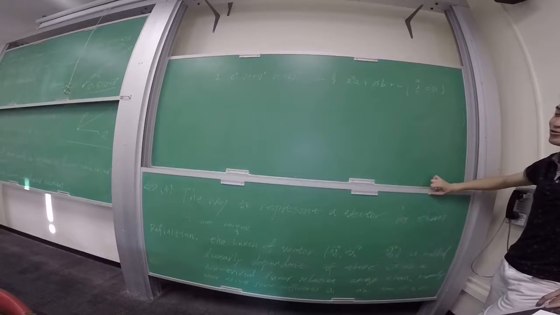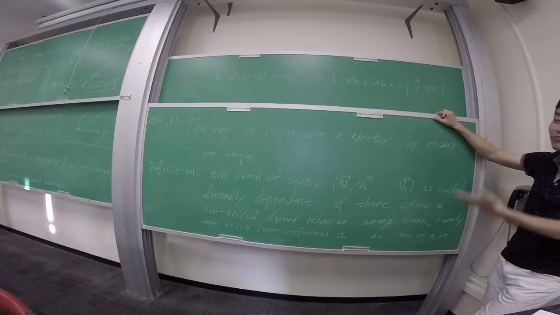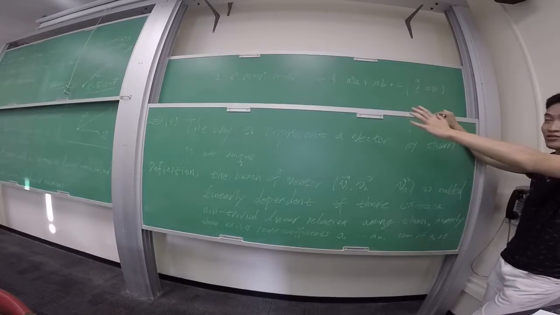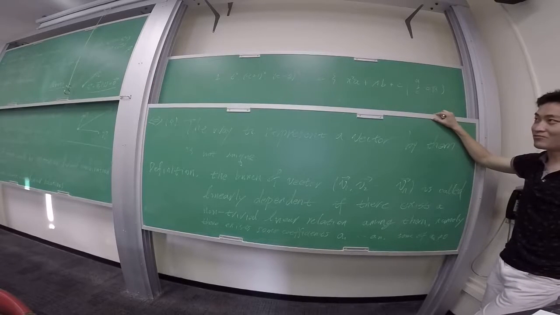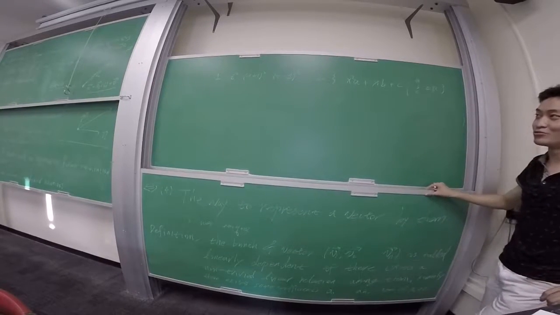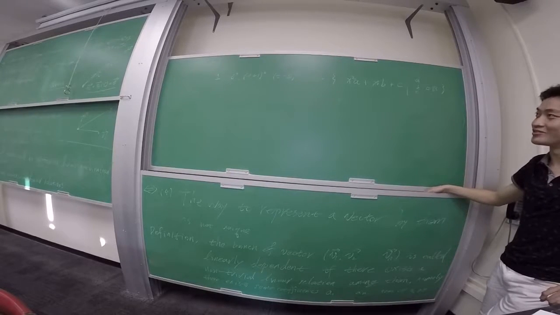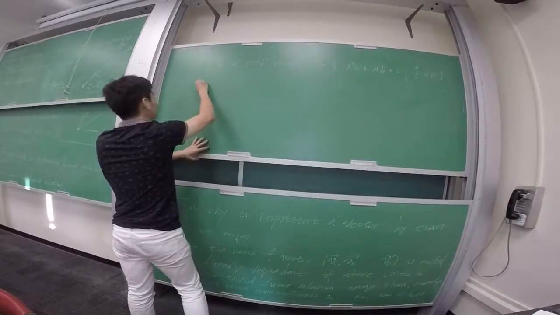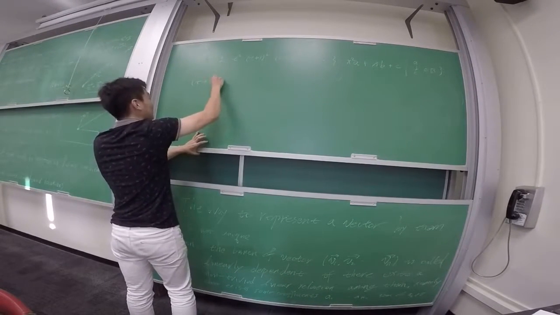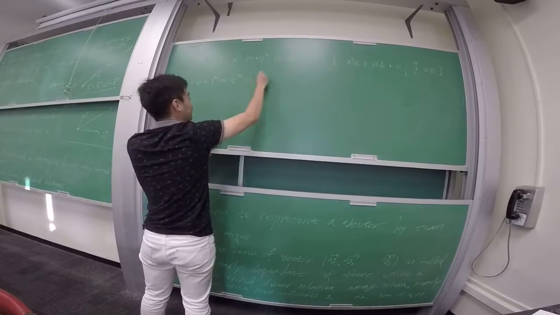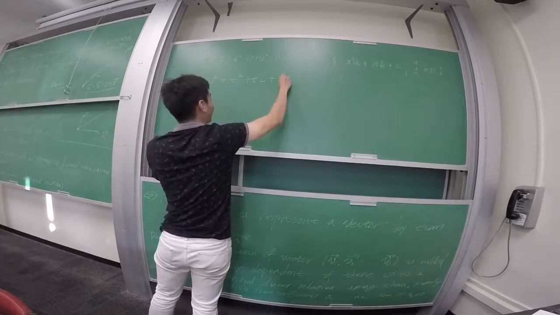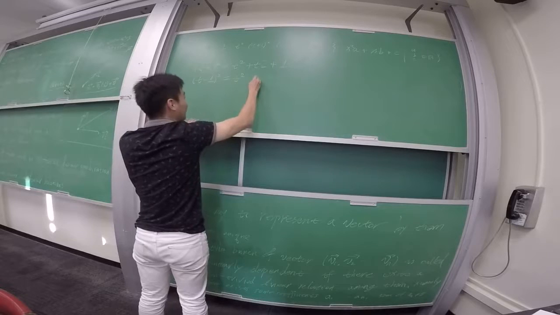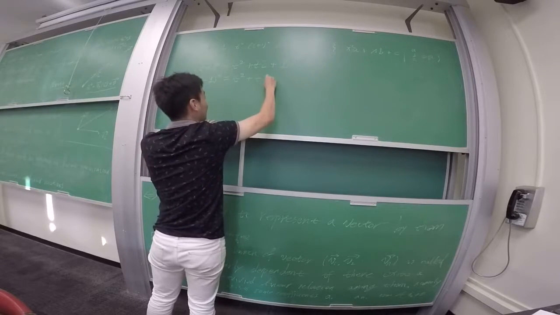So what I want you to do is to use the definition to actually find the coefficients, to combine everything to equal 0. How to find the coefficients? Let's expand everything. t plus 1 squared is equal to t squared plus 2t plus 1, and t minus 1 squared is equal to t squared minus 2t plus 1.